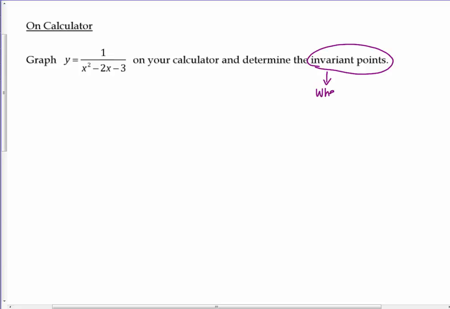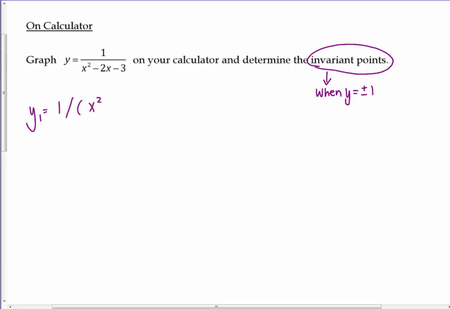Invariant points are when y equals plus or minus 1, because the reciprocal of 1 is 1, and the reciprocal of negative 1 is negative 1. Okay, so let's use our graphing calculators to find our invariant points. It's very simple.